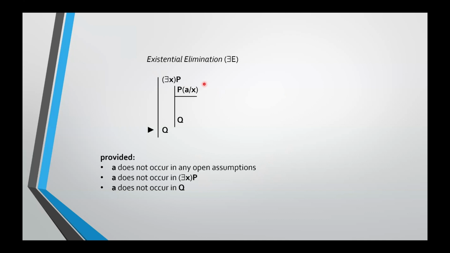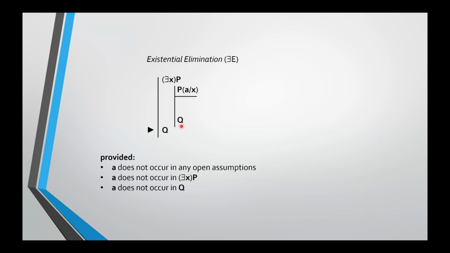Then you go through this subderivation, and if you reach a sentence that does not contain that constant, so it's not specifically about that object that you're supposing is this thing, it's something more general than that, then you can infer this in the main derivation.